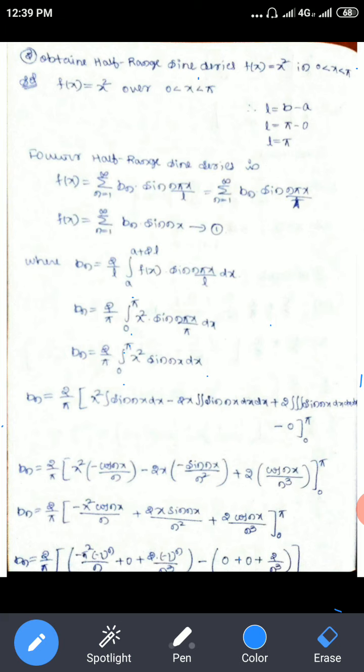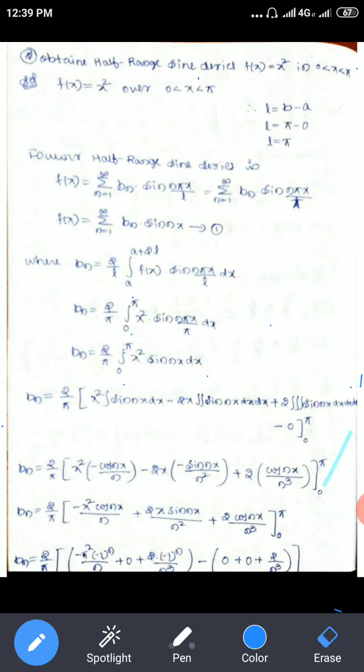So 2 by pi, x square into integration of sine, which is minus cos of nx divided by n, minus 2x into double integration of sine, which is minus sine nx divided by n square. Triple integration is cos nx divided by n cube.